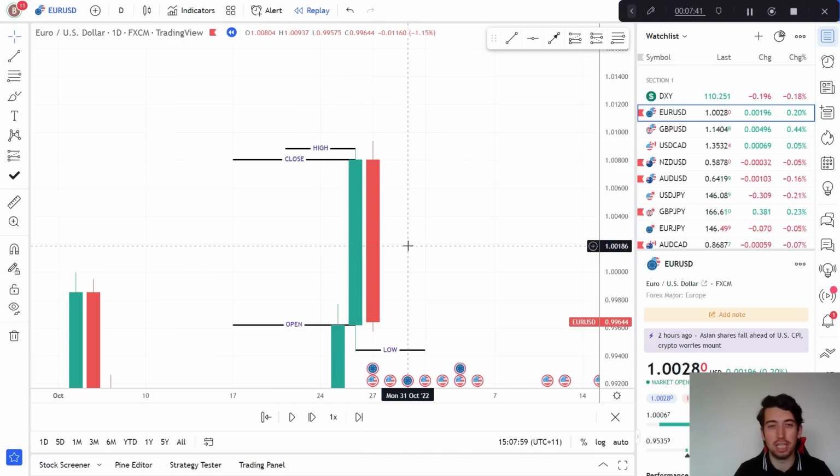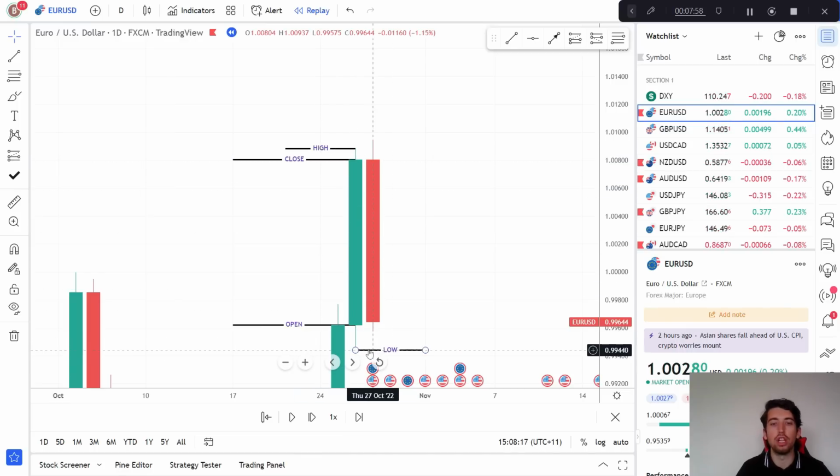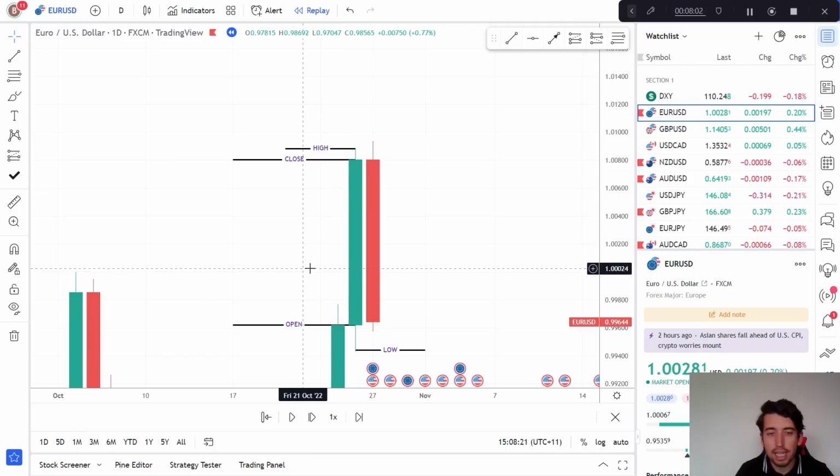Red makes a lot more sense for going down, doesn't it? Green, you're in the money. Red, it's a bit of a warning sign. It's going down. So that's why I like it like this. But remember, the close always has to be above the open for an up candlestick. We've got that. It went all the way up to this one at one stage, and then it came down. And then we have the low all the way down here. Right? Easy, easy to understand.